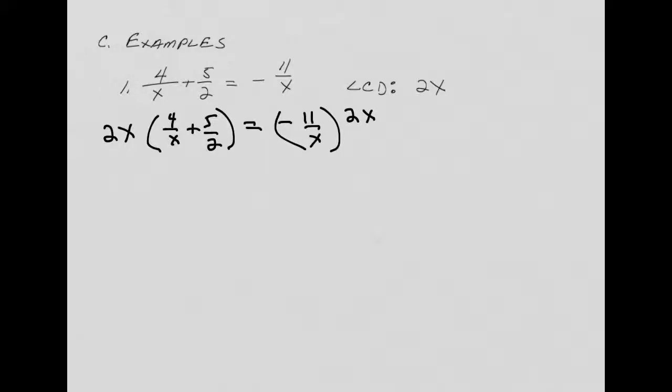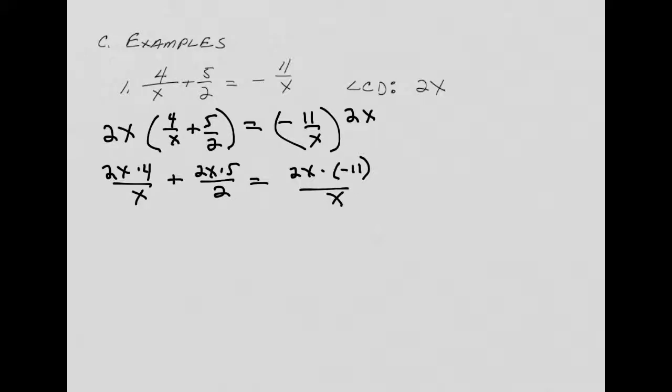Okay, so when 2x multiplies the first term, I'm going to have 2x times 4 over x. And then when it multiplies the second term, I'm going to have 2x times 5 over 2. And now when this 2x multiplies the 11, I'll have 2x times a minus 11 over x.